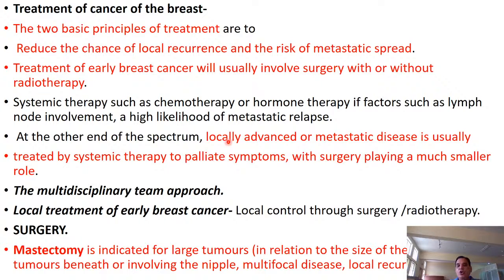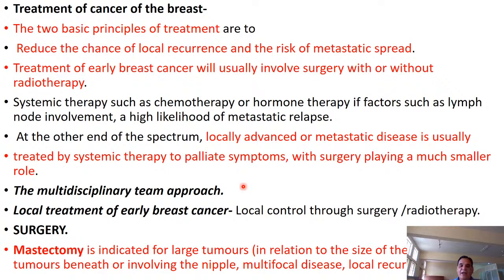Locally advanced or metastatic disease is usually treated by systemic therapy, and it is to palliate the symptoms, with surgery like excision playing a much smaller role. Early breast cancer, primary surgery; advanced breast cancer, surgery has a secondary role. So in short, carcinoma breast management is called a multidisciplinary team approach.